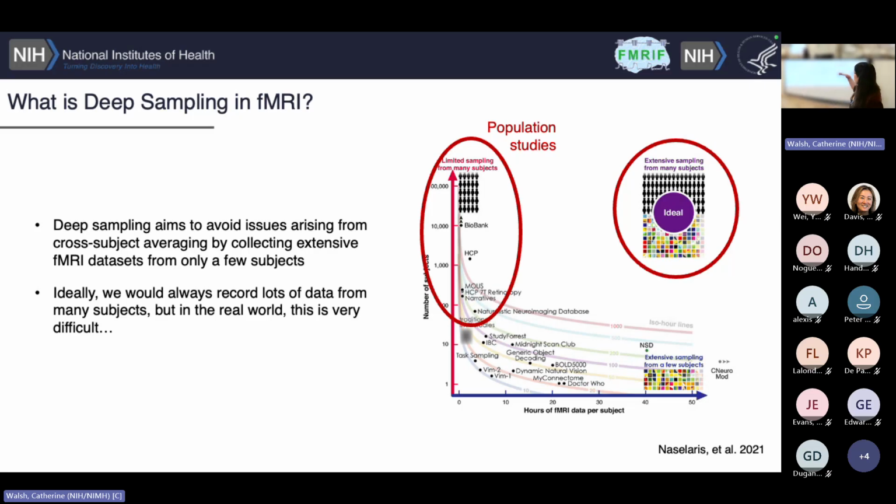So in the first case, what we were talking about a little bit already is population studies. This is when you have a whole bunch of different subjects, or at least more than the standard 12 to 25 that you would have in a traditional fMRI study. Then you're looking at population effects. That can be that you're trying to pull apart individual differences, or it can be that you're just averaging over a lot of people because you kind of have to.